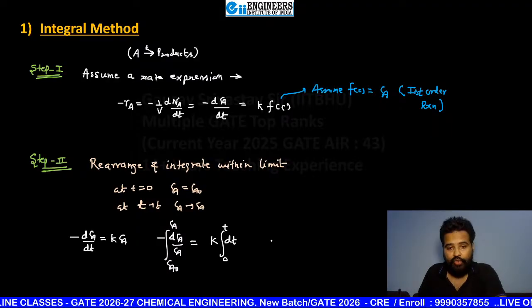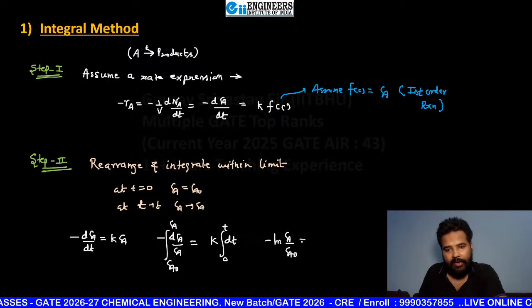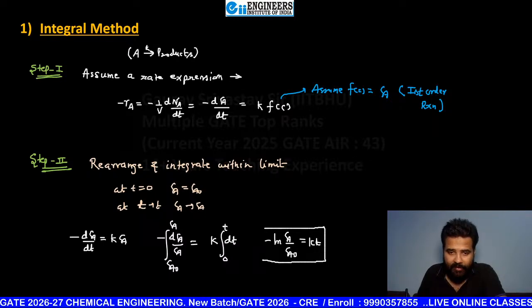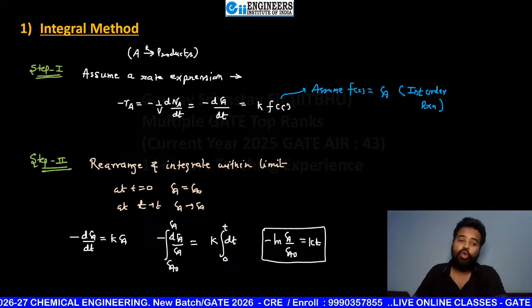After integration, you will get minus ln of Ca by Ca naught equals Kt. And every time you will get a separate expression with respect to order.